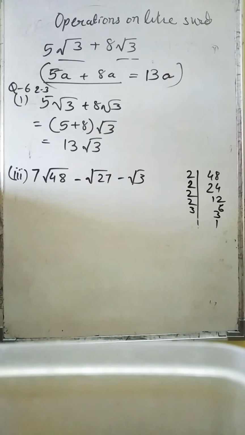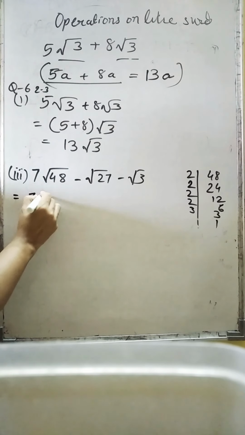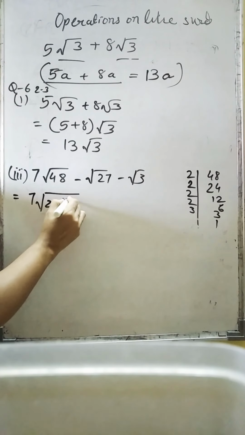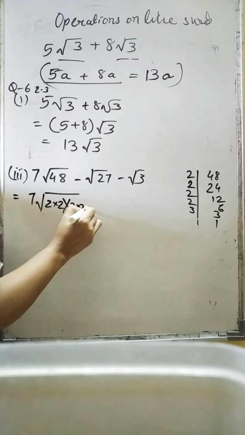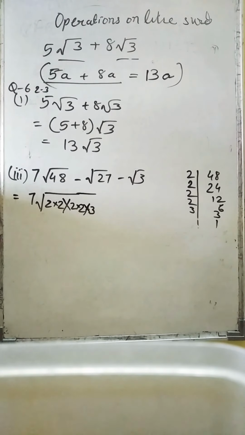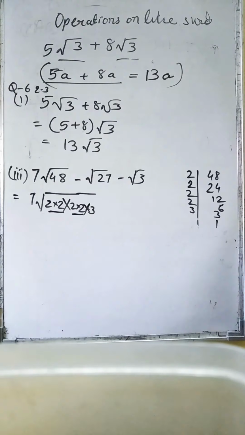So these are my factors of 48. So then this is equal to 7 times, now 48 can be written as 2 into 2 into 2 into 2 into 3. Right? I have written all the factors. Now as the order is 2, I have to make pairs of 2 only.